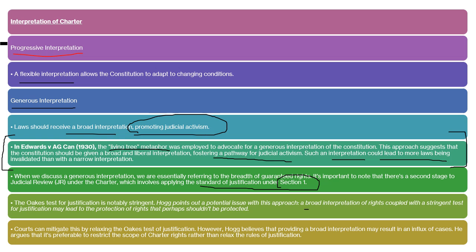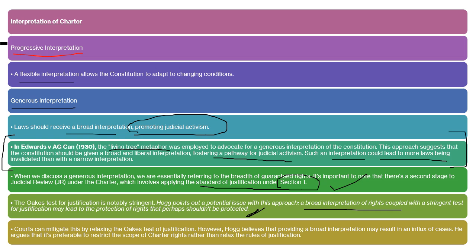When you are broadly interpreting any rights, and then you are trying to justify that under section 1, then sometimes what happens is that the protection of rights isn't protected. So Peter Hogg has criticized this approach, but courts have always said that we are not strictly following this. The Oakes test is part of a process. So courts can mitigate this by relaxing the Oakes test.